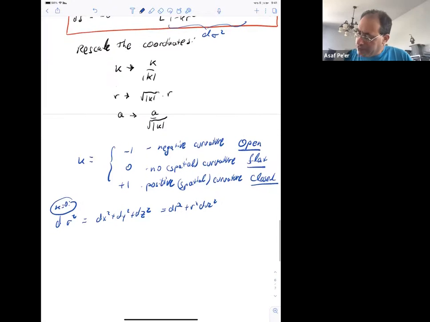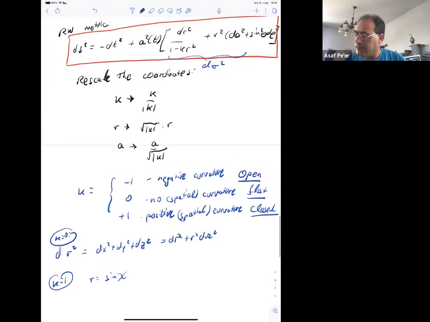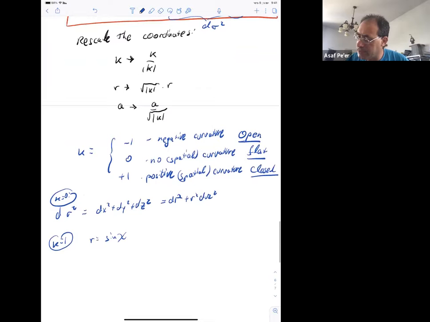For the closed universe, k equal to 1, we can write down r equal to sine of chi, and then the spatial part of the Robertson-Walker metric, d sigma squared, can be written as d chi squared plus sine squared chi d omega squared. So this is really a three-dimensional sphere, something which is difficult to imagine, right?